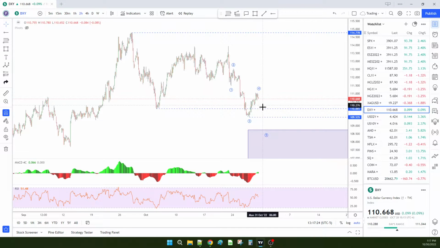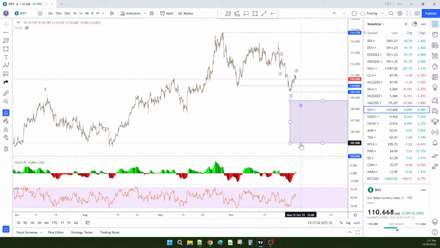Once we do break that, I only see it coming down to about 108.75, somewhere in that range. Could come all the way down to 105. So 105 to 108, but I would assume that it'll be somewhere more at the top of this range. So 108.7.